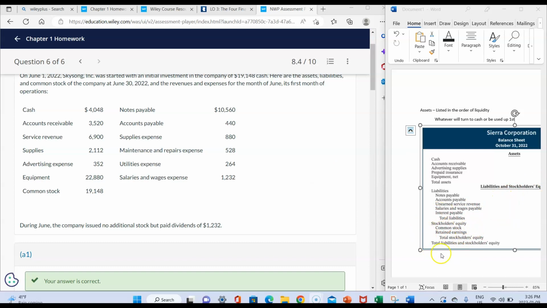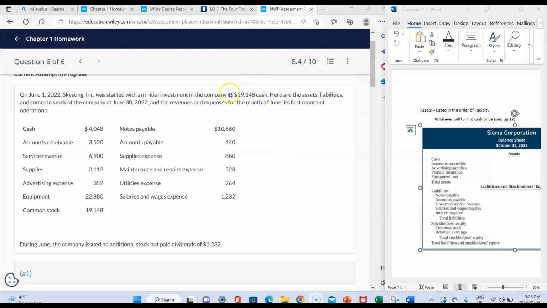Moving down to our stockholders' equity section, we're going to have common shares, and that is represented by the amount of the owner's investment into the company. So in this particular case, it will be $19,148. So that will be our common stock amount if you're American. Our retained earnings will be next in our balance sheet.